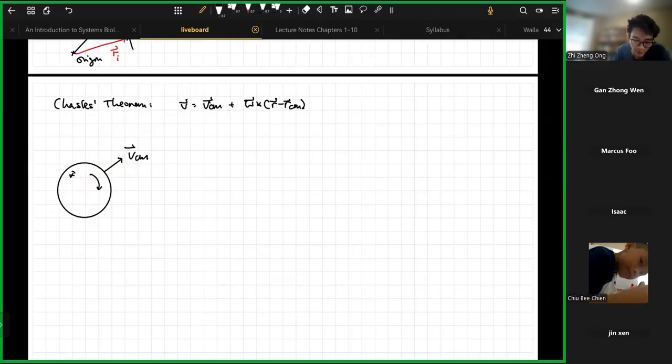So the velocity of this point is going to be the velocity in the translation part, so this is translation, and this is rotation.